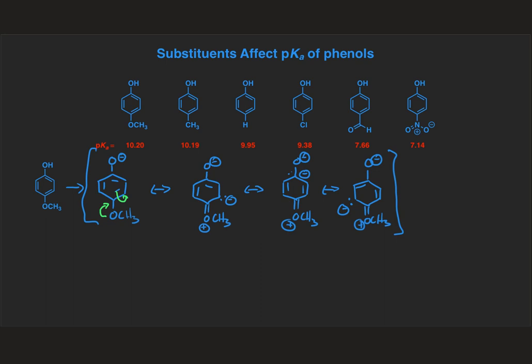On the other hand, if we look at the nitrophenol and its conjugate base, where you've lost a proton, here again, the nitro group is a resonance electron withdrawer, so I can pull these electrons here and create this resonance structure.